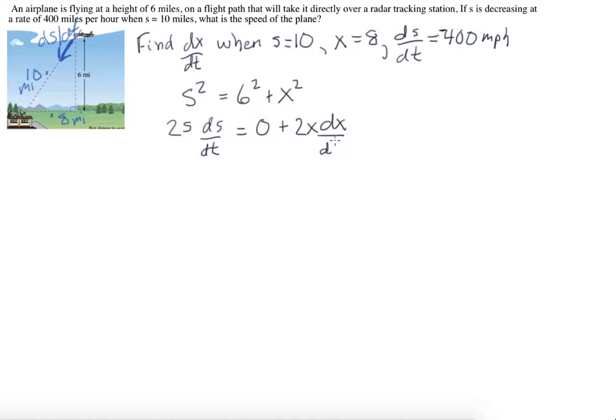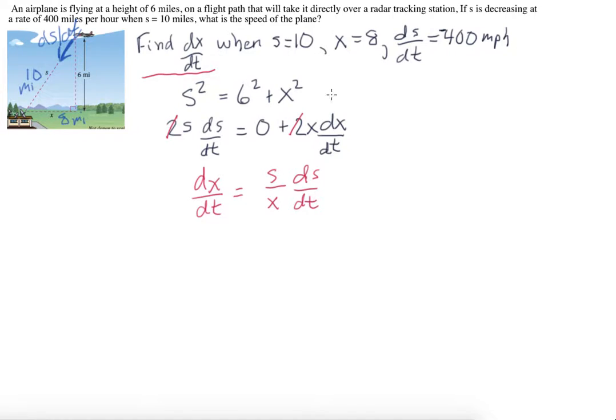And again, x is a function of time. As this plane travels, x is changing. And so here we can see that the 2 and 2 can cancel. We want to find dx/dt, and so solving, dx/dt is equal to s over x times ds/dt.